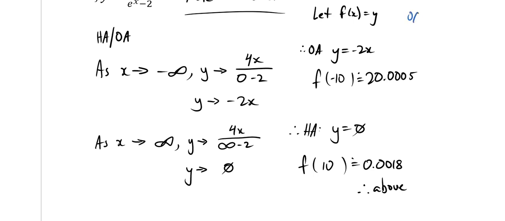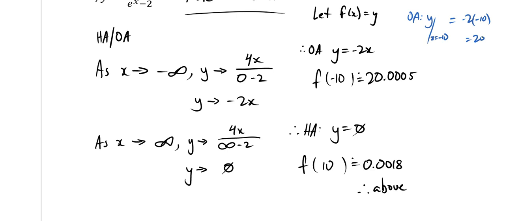So for the oblique asymptote, if I did y when x equals negative 10, I'd get negative 2 times negative 10, which is positive 20. So I'm very close to my oblique asymptote.